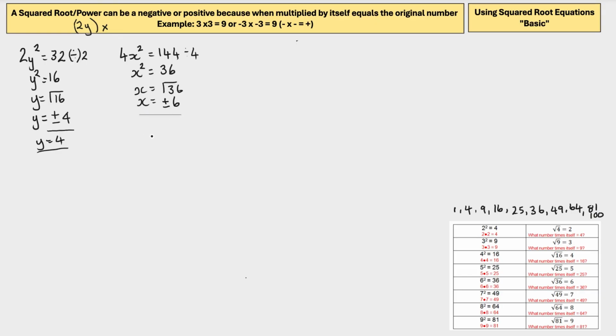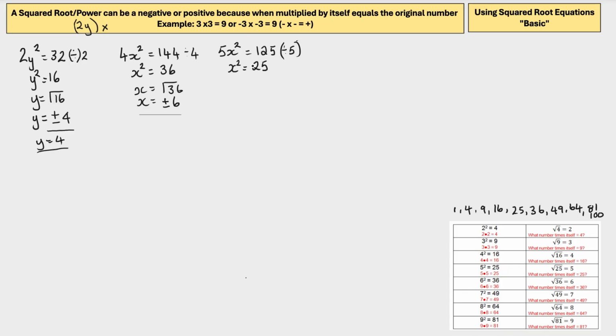There you go. Okay. 5x squared equals 125. So we can do the inverse of times. It's divide. So we're going to divide this by 5. So we now are left with x squared equals 25.